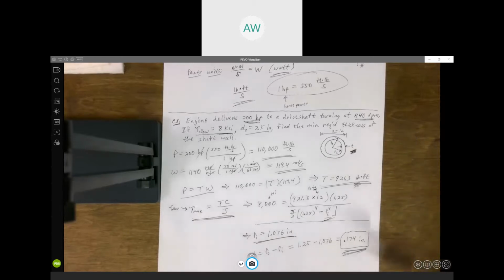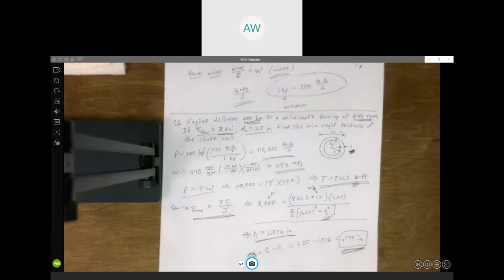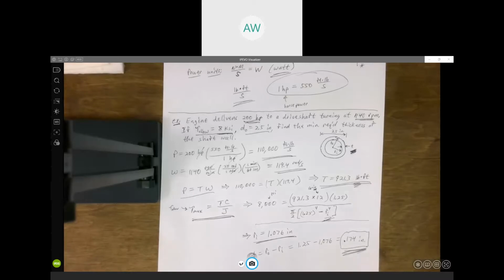Last chance. Any questions on this one? All right. Does anybody need a few more seconds to finish writing anything down, or has everybody got it there? Assuming that means you got it.